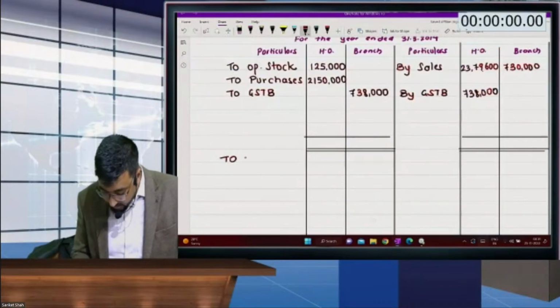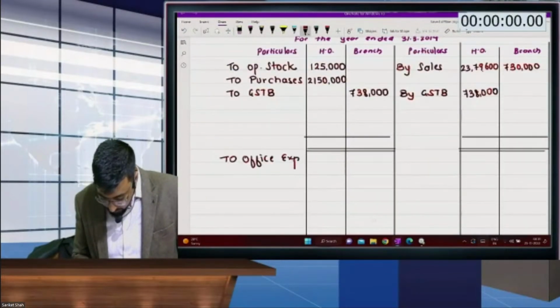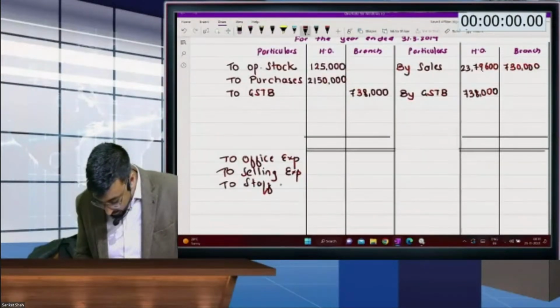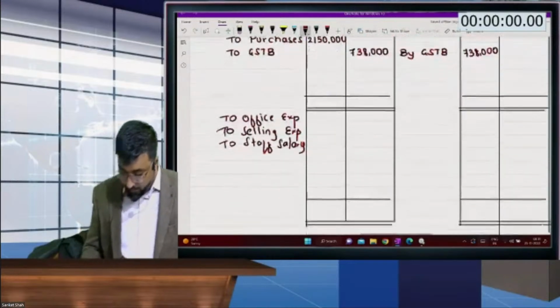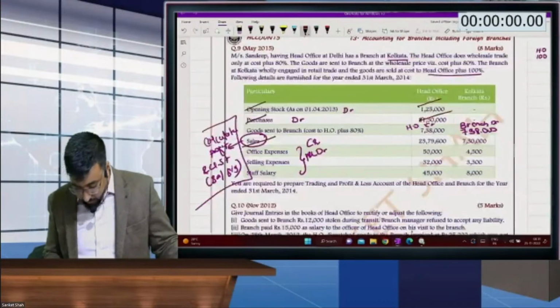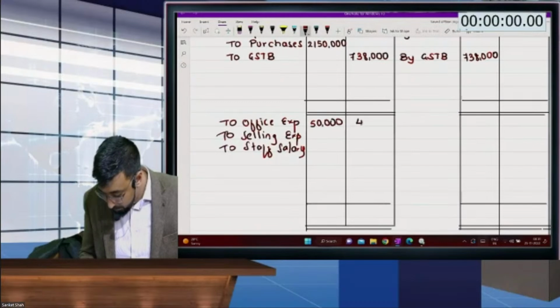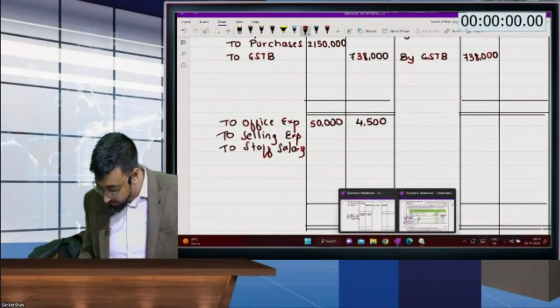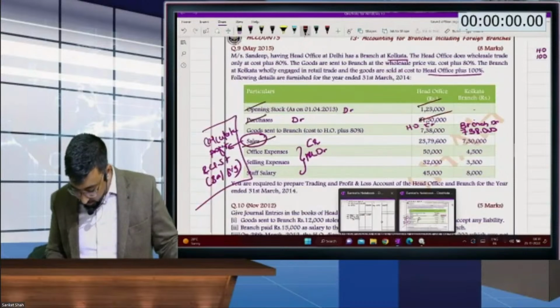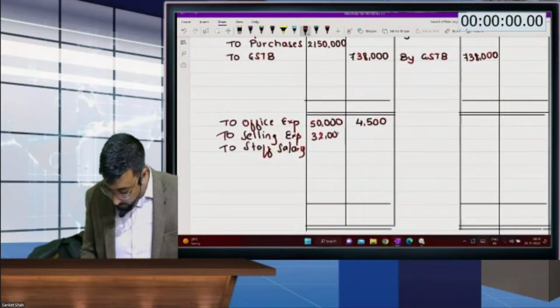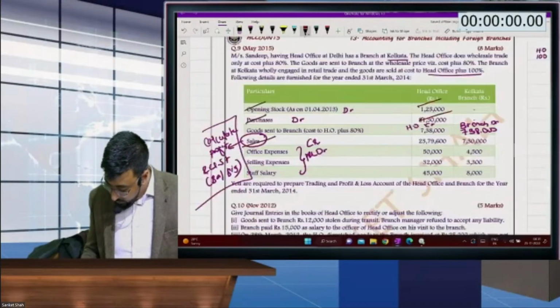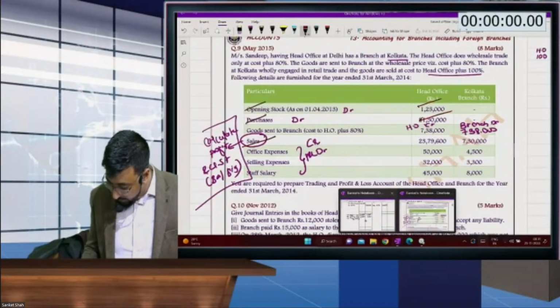To office expense, to selling expense, to staff salary. थोड़ा सा स्लो जा रहा हूं मैं बिकॉज यू आर डूइंग इट फॉर द फर्स्ट टाइम. दिस इज स्कैनर बैच, प्योर स्कैनर बैच, 32,300. 45,000 and 8,000.